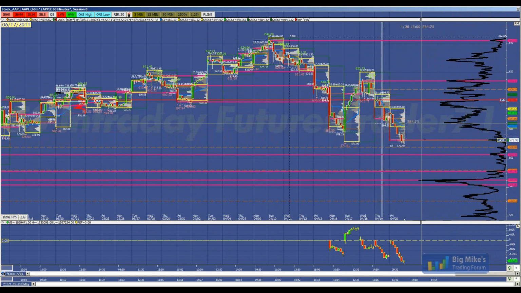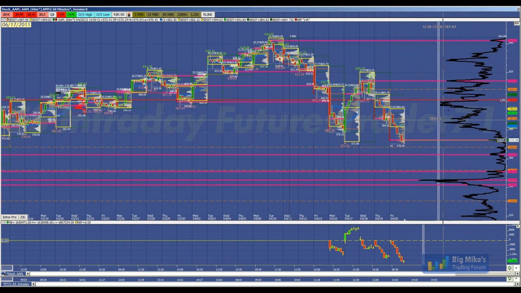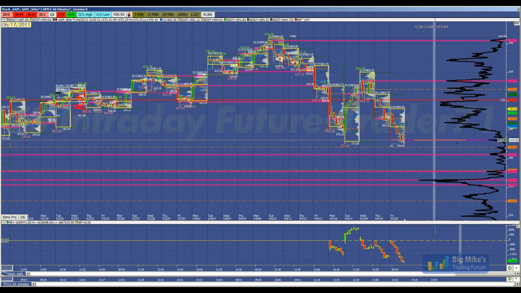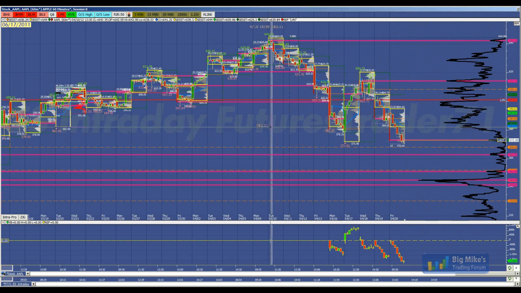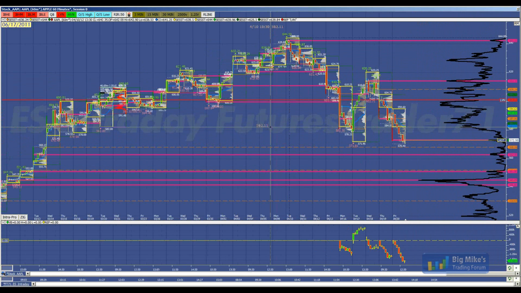If Apple does not defend the prices from 570 down, if it's not able to defend these and go back to the most accepted prices, it is likely to run through to 545. So I'm not going to say mark my words, but that's what the auction is showing. It's showing that it is no longer interested in these upper prices.